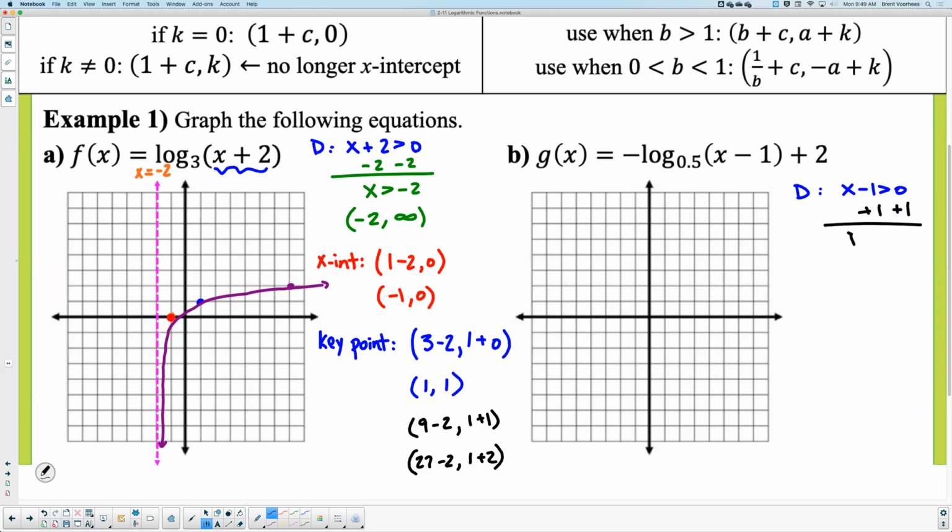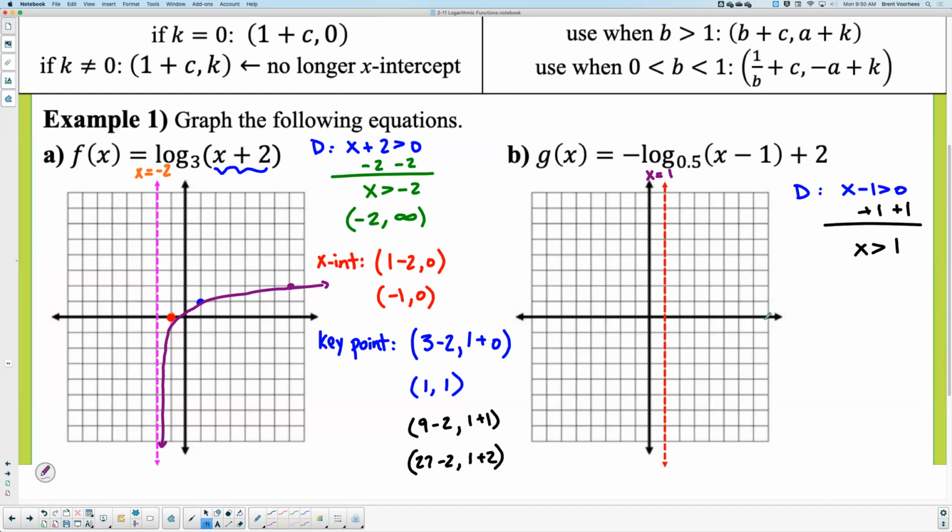And so x has to be greater than 1. So that's going to be where we place our asymptote. We're going to place our asymptote at x equals 1. So at x equals 1, that's right there, place your asymptote. That's where our asymptote goes.